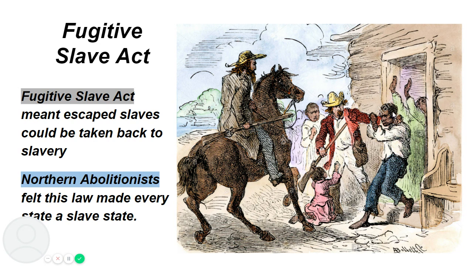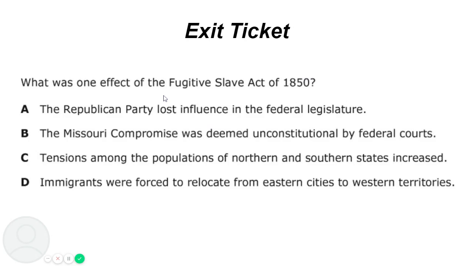So this infuriated Northern abolitionists. And the southern states loved it because that meant that even if slaves escape from slavery, they can be captured and dragged back. So that's basically what you need to know about the Compromise of 1850.